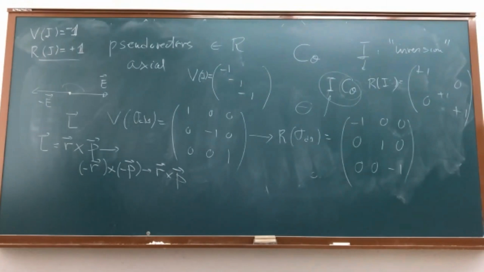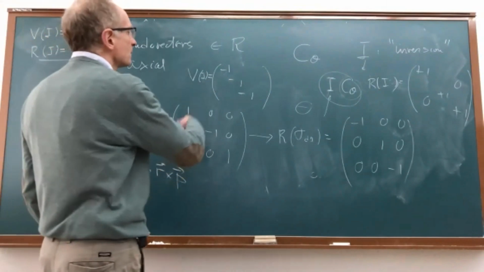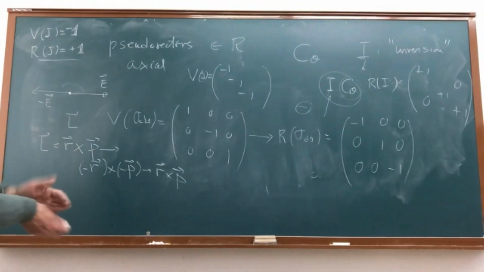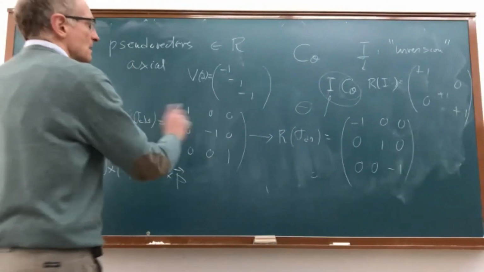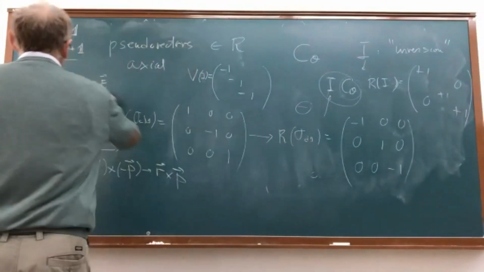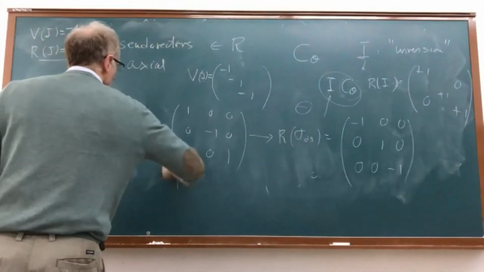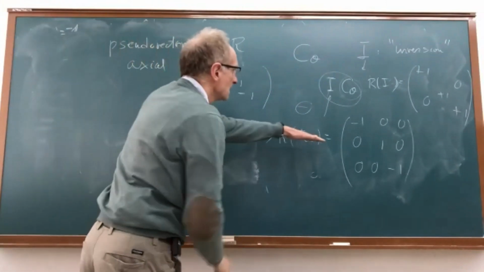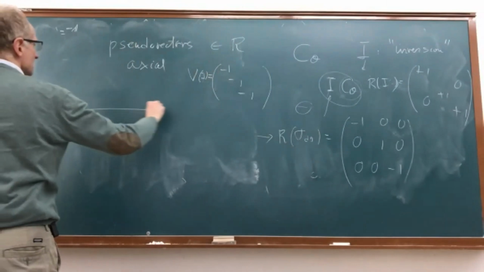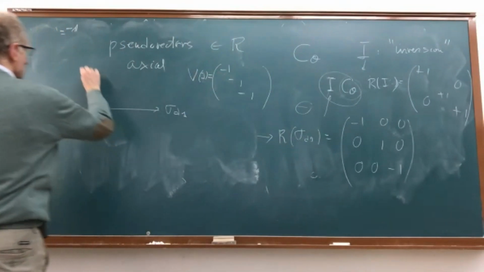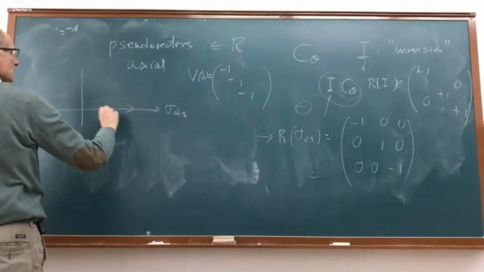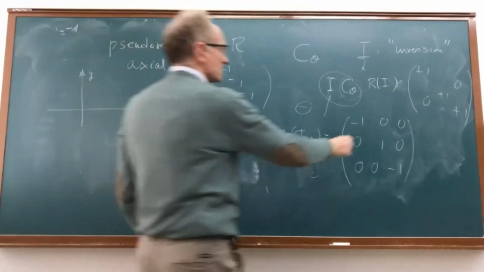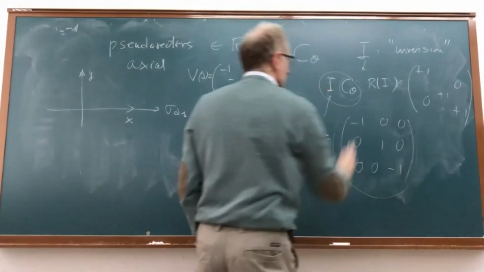You take the vector representation and the matrices for the improper operations, and this means rotor reflections, inversion, and reflections, with a relative minus sign. It's very interesting, the implications of this, because they are rather counterintuitive. Consider, for instance, this one. This is sigma, the plane sigma d1. These are our axes, x and y. And this is the matrix for a pseudovector.